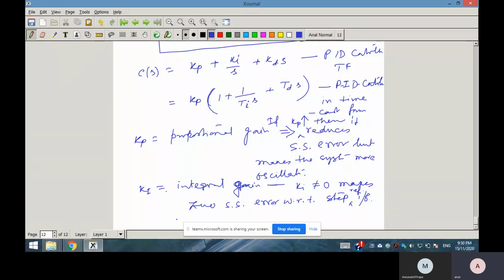But in case of Ki, it makes the system sluggish.